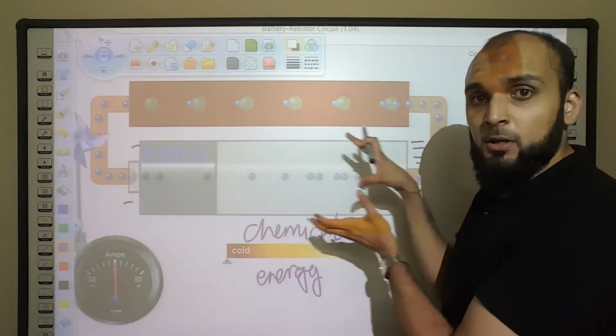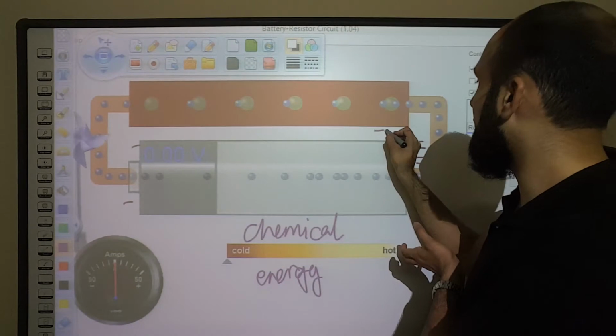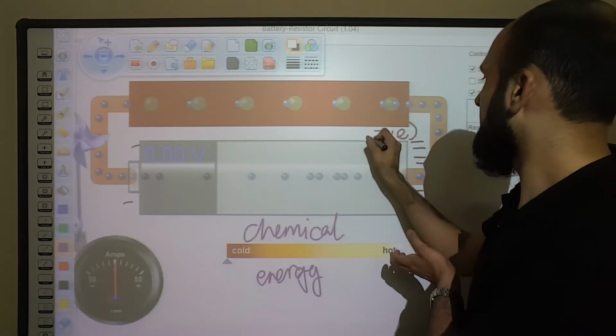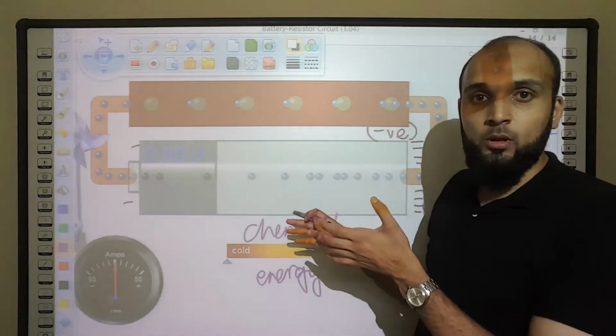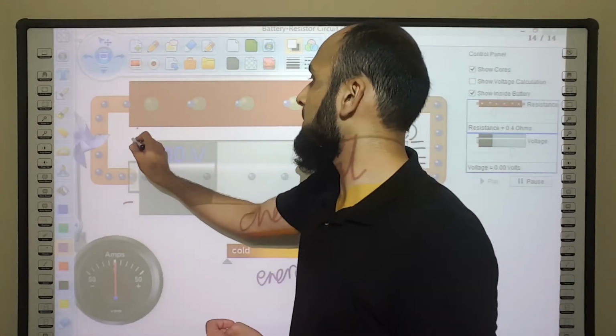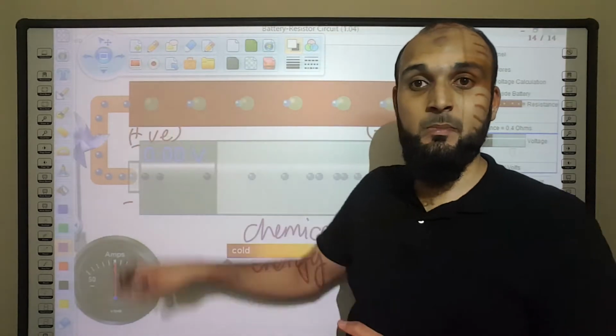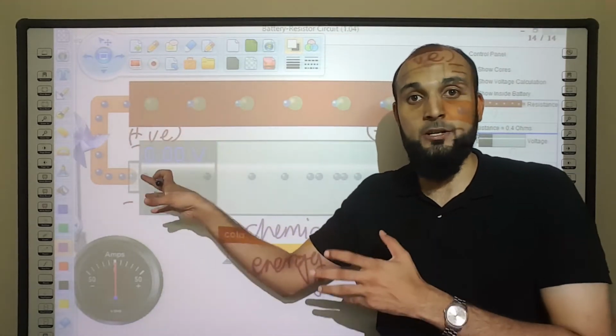So the terminal that has the excess of electrons is said to be negatively charged, and the terminal that has the deficiency of electrons is said to be the positive terminal of the cell or the battery, right?